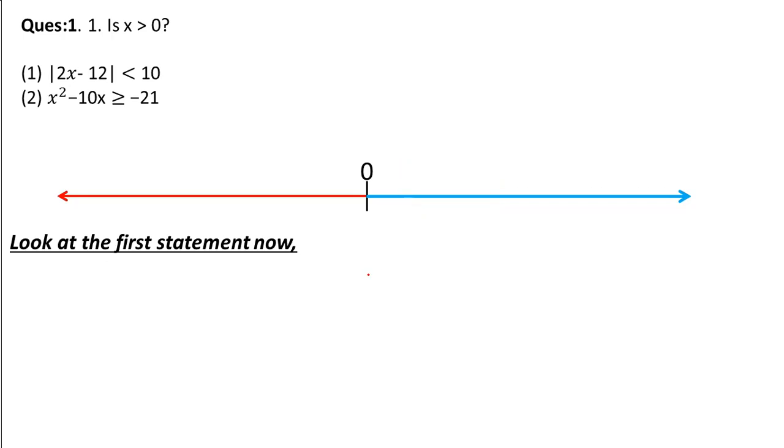But we also need to check what happens when x is equal to 6. When x is equal to 6, this quantity becomes 2 multiplied by 6, 12 minus 12, that is 0. And it is obviously less than 10. So again, I have 6 in my domain. Therefore, x belongs to 1 to 11 from statement 1.